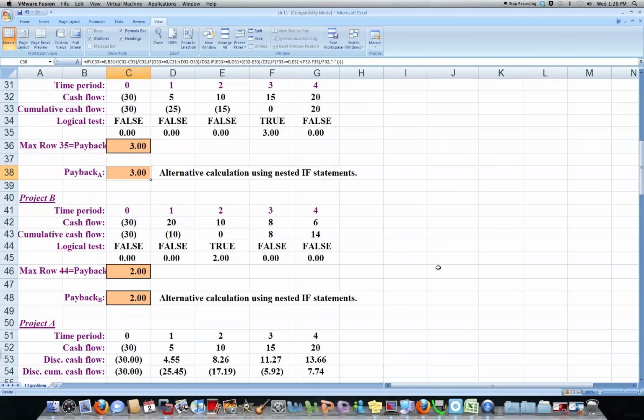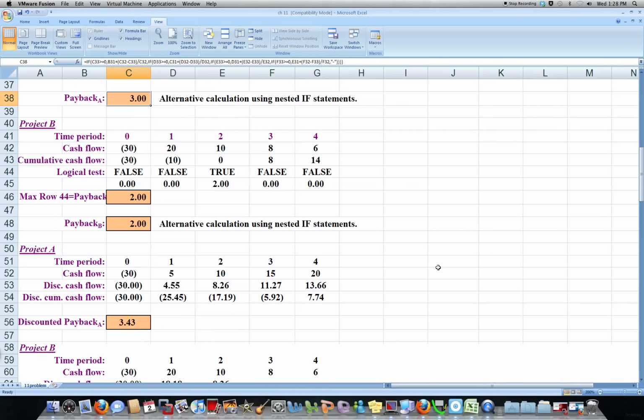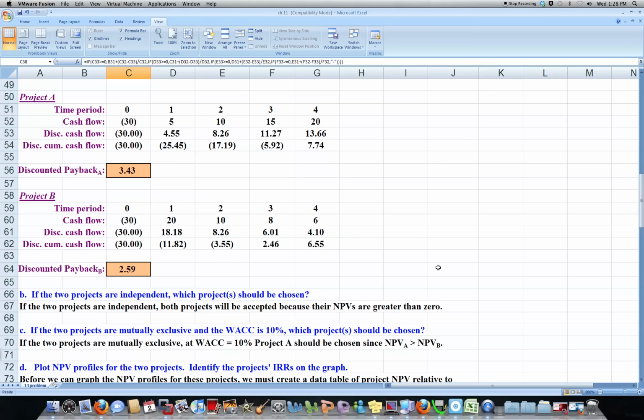Now let's move down to discounted paybacks. We have the same periods and the same cash flows, but now we have to find our discounted cash flows. You can use the same approach for each one. The discounted cash flow for time period 0 is always going to be the same.